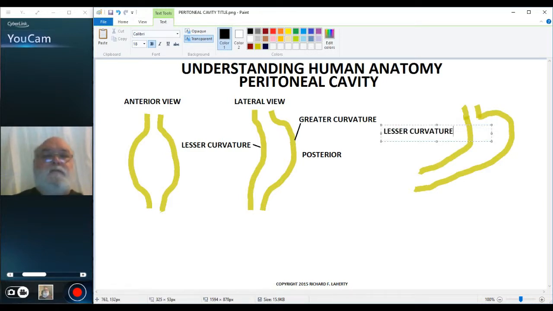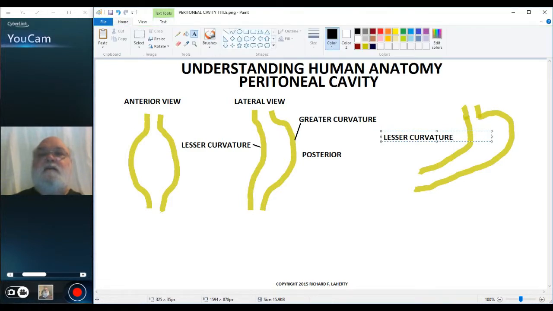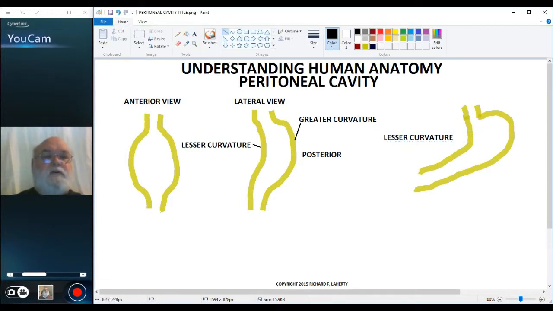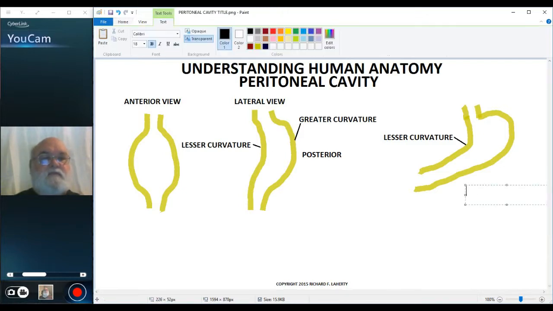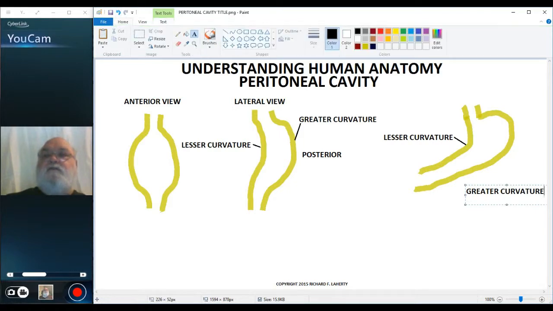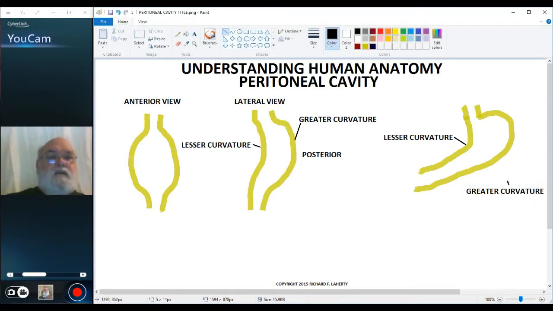The lesser curvature faces right and slightly superiorly, and the greater curvature sits to the left and looks inferiorly.